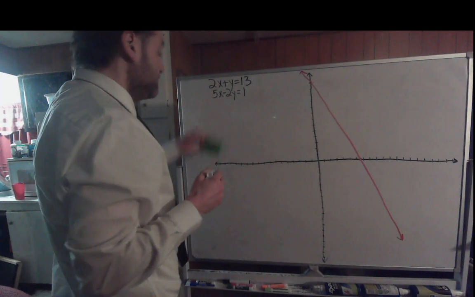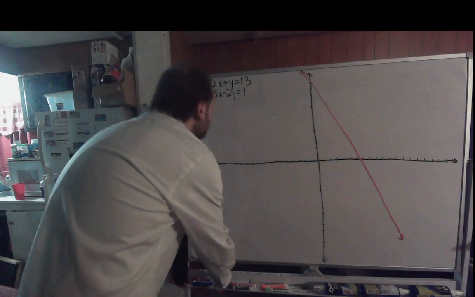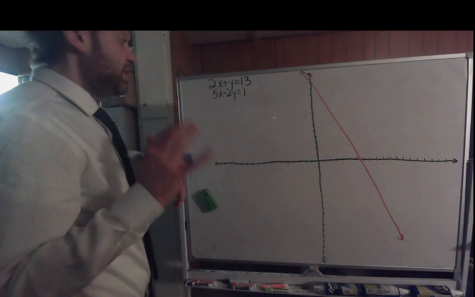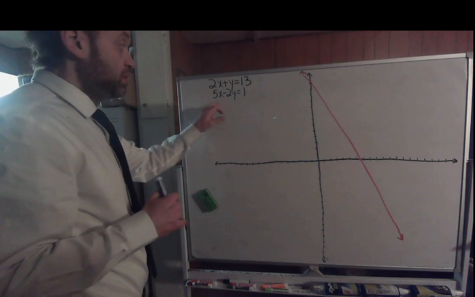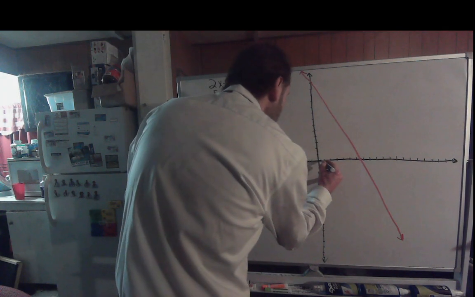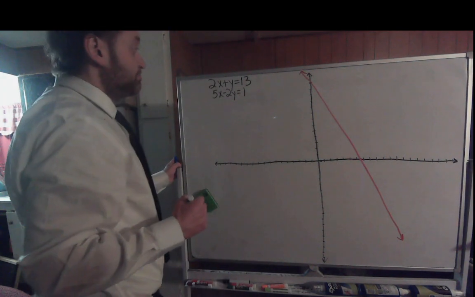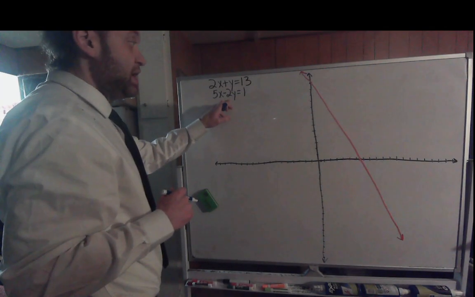And then we're going to graph 5x minus 2y equals 1. So find your x-intercept, set y equal to 0, 5x equals 1. That would give you 1/5 for the x-intercept, which would be about right there. And then find your y-intercept, set x equal to 0, negative 2y equals 1.